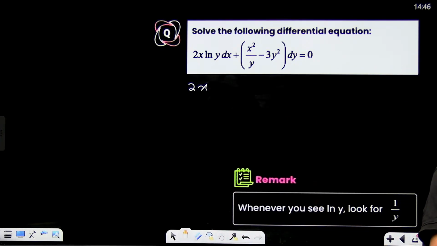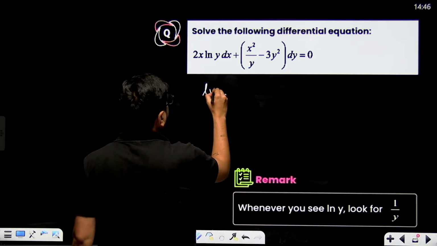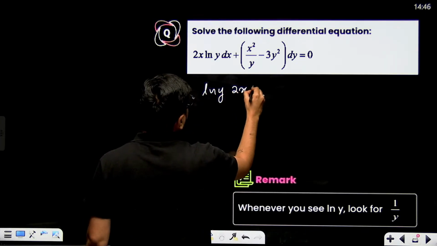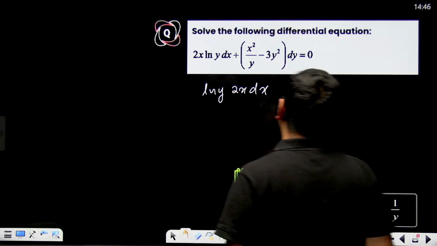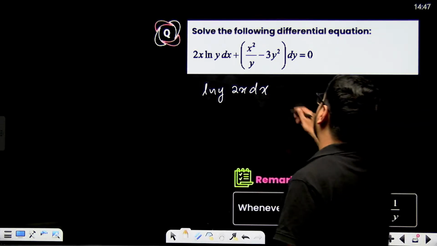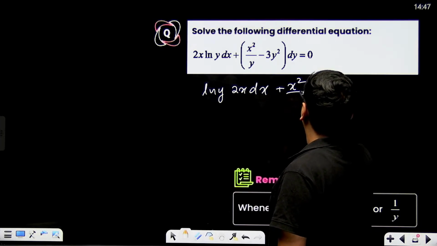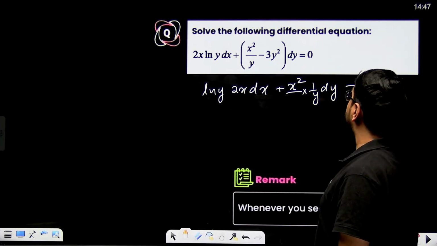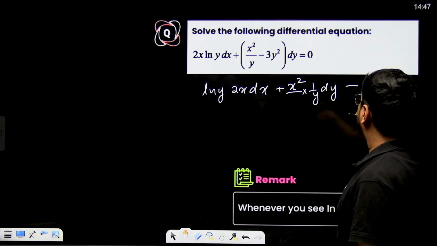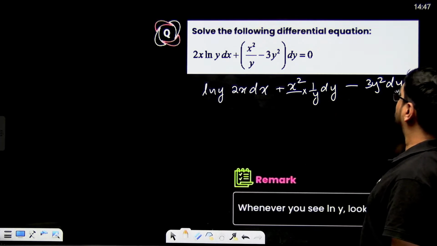Let's write it like this: ln of y into 2x dx over here, and plus x square into 1 by y dy we can write, minus 3y square dy equal to 0.